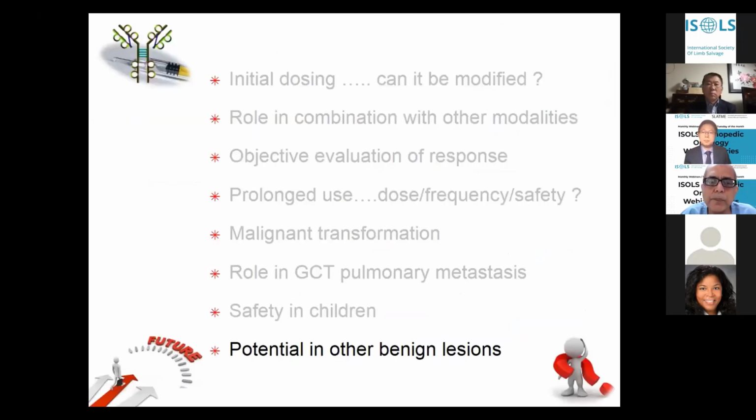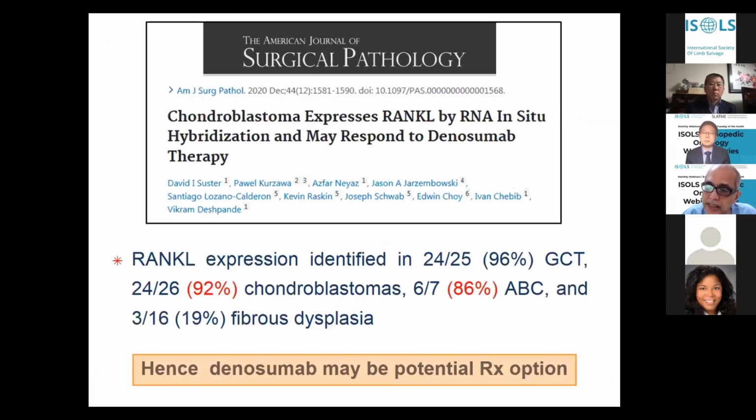Finally, what is the potential for the use of denosumab in other benign lesions other than giant cell tumor? And this is an interesting paper from the American Journal of Surgical Pathology that showed that RANKL expression was there in 92% of chondroblastomas and 86% of aneurysmal bone cysts. So there could be a potential for using denosumab as a treatment option in these cases, similar to how we use it in giant cell tumor.